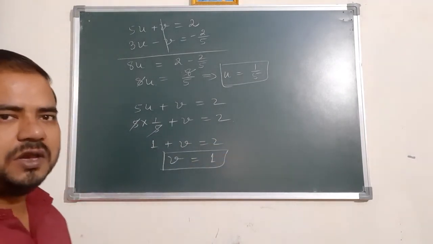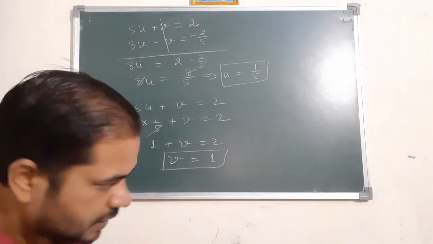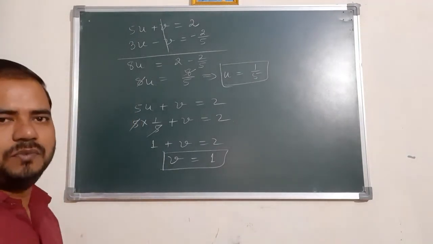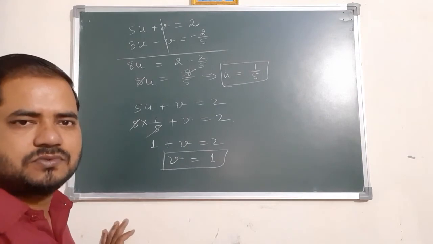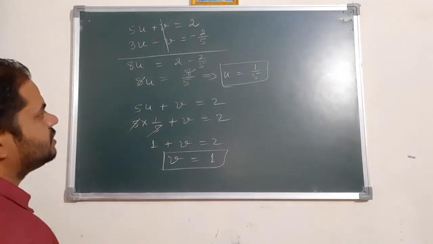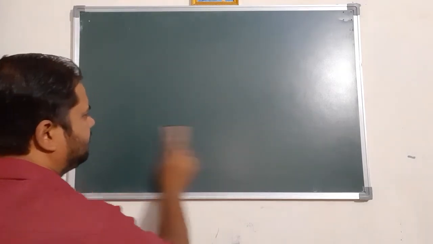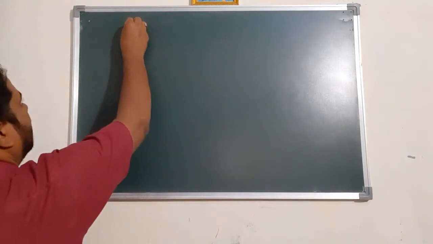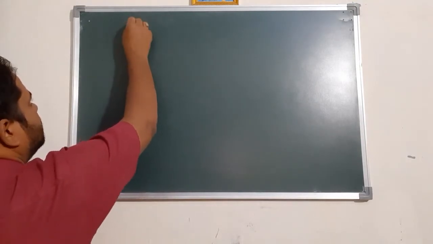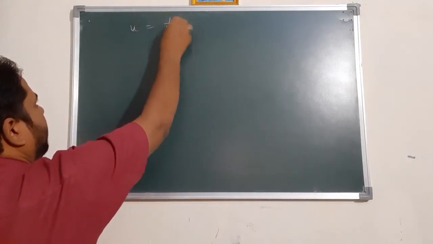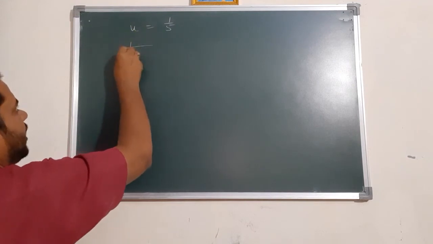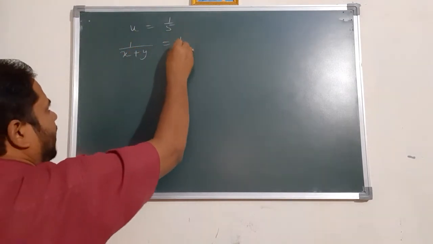So we get the value of u and v. Now replace the value of u and v by 1 upon x plus y and 1 upon x minus y. As you know, u is equals to 1 by 5 and v is equals to 1. So after replacing, 1 upon x plus y is 1 upon 5.